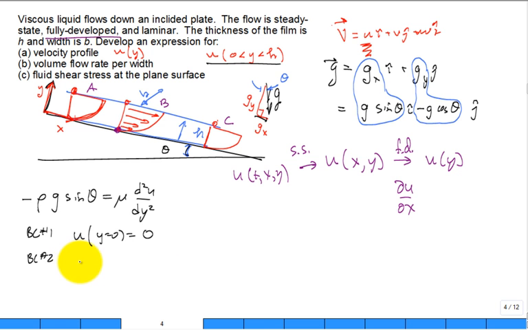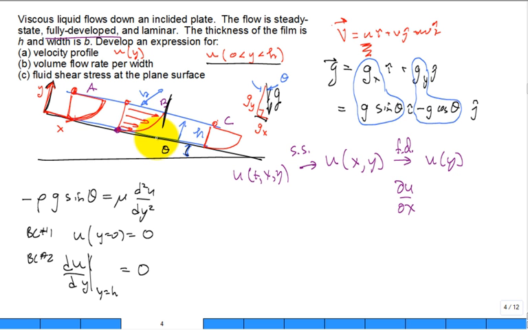And the next one's harder. At y equal to h, it's the derivative with respect to y of u at y equal to h, that's a different way of writing it, is equal to what? 0. So it's the slope. It's the slope.